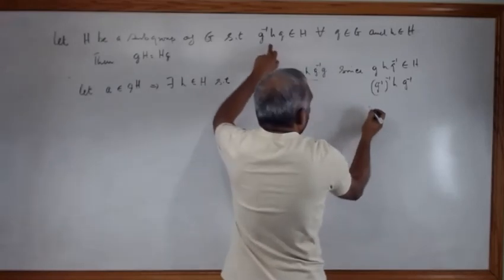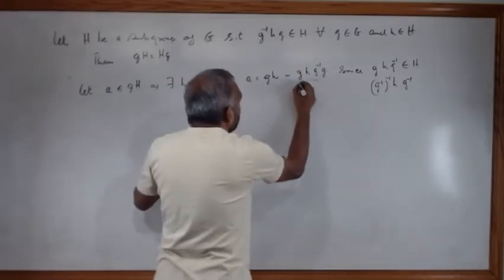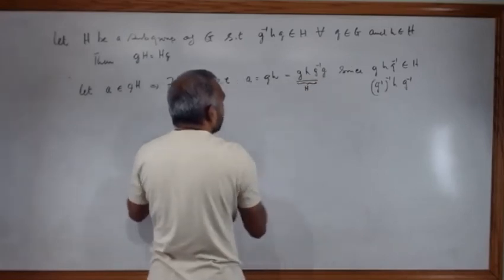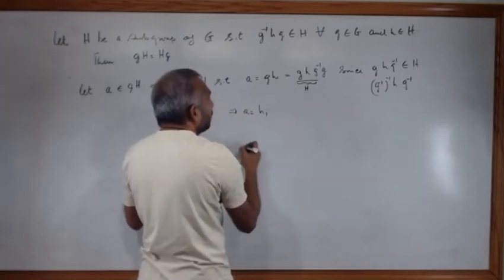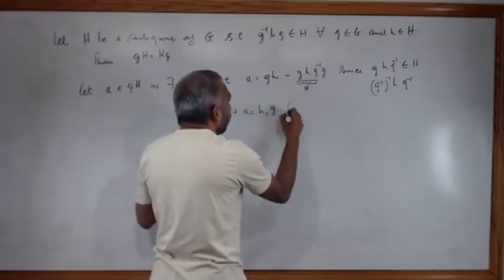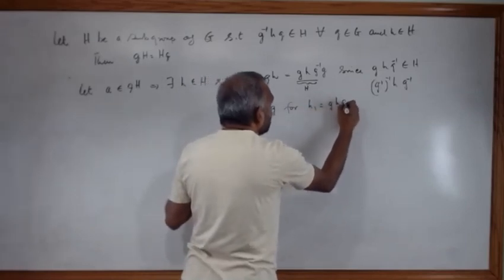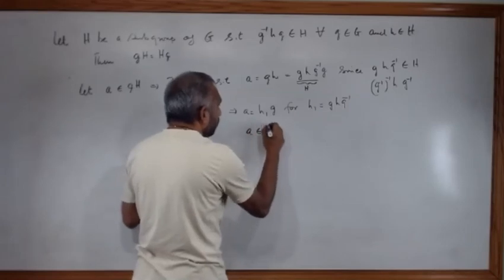So this is of the same form. So this is actually an element of H. So that means a is equal to h1 g for h1 equal to g h g inverse. And this implies a belongs to Hg.